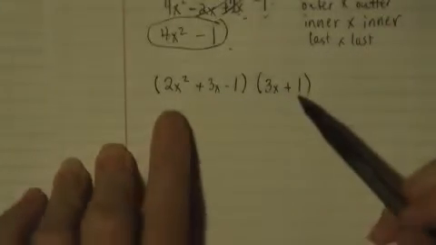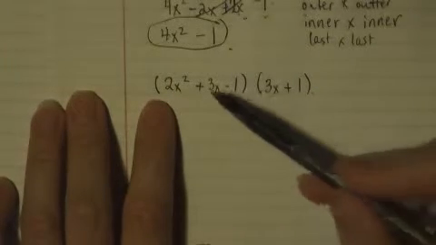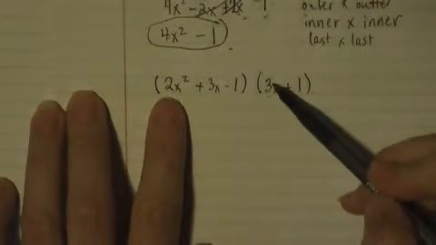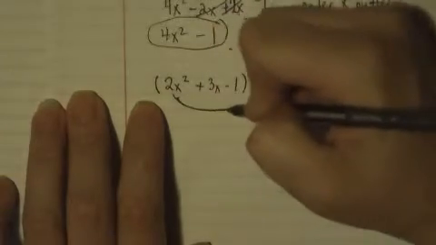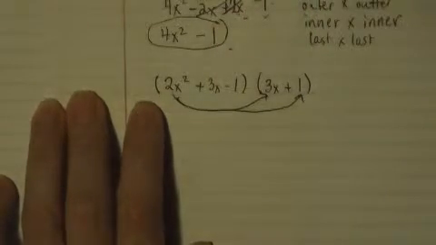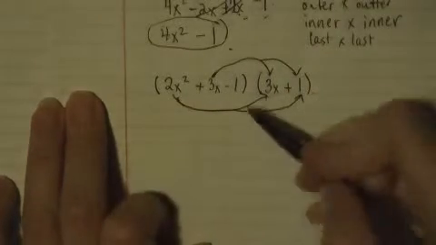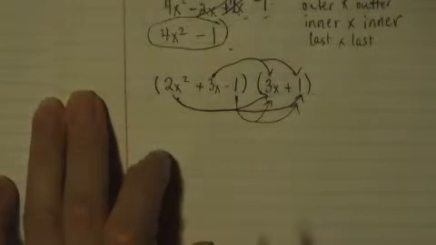Okay, so we're multiplying these two together. And here, all you have to do when you're multiplying polynomials is make sure every part here multiplies every part here. So this first term has to multiply both terms over here. Our middle term has to multiply both terms over here. And our last term has to multiply both terms over here.